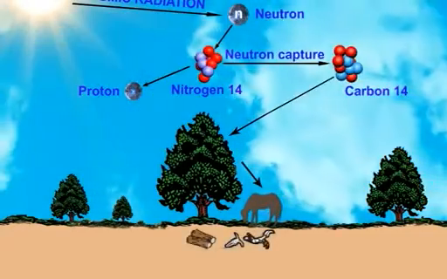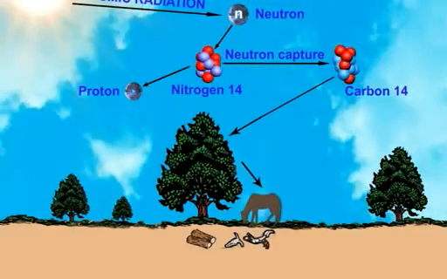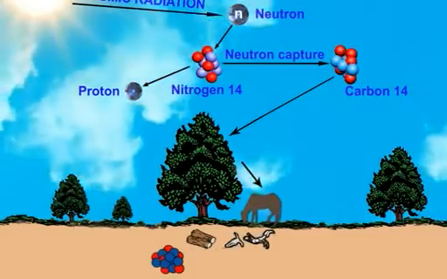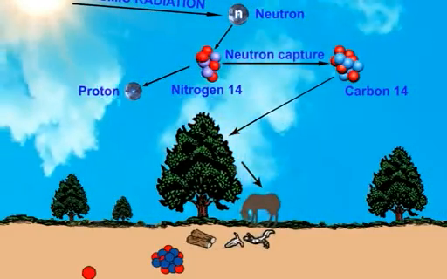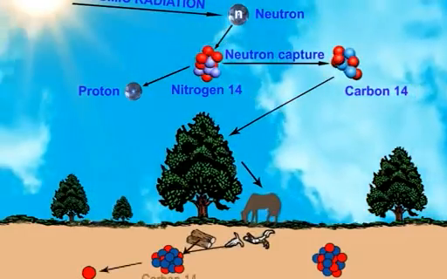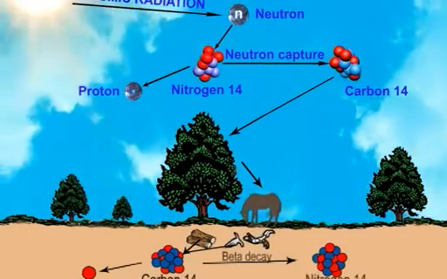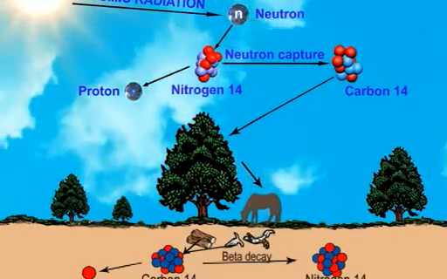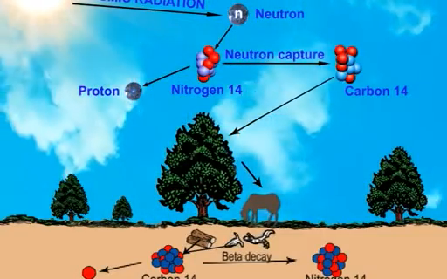After death, the organism is no longer in exchange with the atmosphere and no longer absorbs atoms of contemporary carbon. On the other hand, the C14 that remains in the organism starts to decay at a constant rate. In something over 7,200 years, only half of the C14 remains, and in a similar period, only half of that residue.